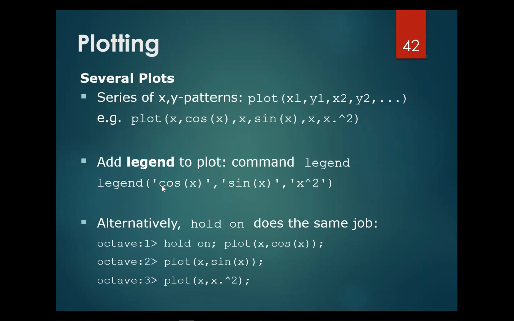We want to display this as it is here. So the first legend is cos x. The second, because this one goes with this, also goes with this, and this one goes with that. Because this one is just the text or a string we are displaying, we don't need to bring the dot here. The dot here is actually an operation, but here we are not doing an operation, we are displaying. Okay.